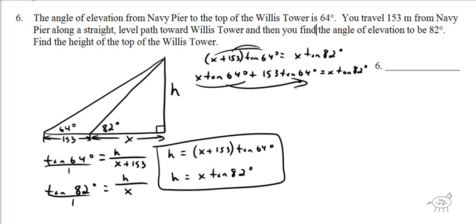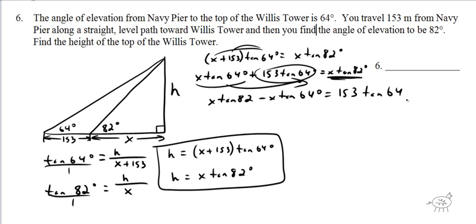So it's x tangent of 82 minus x tangent of 64 equals what's left over on that side, 153 tangent of 64.